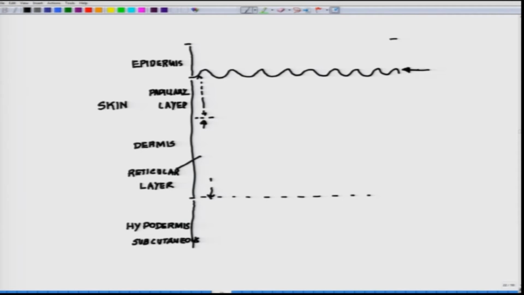Let us add up a bit of our knowledge. This is layer 1 from the bottom. I am going up like this: layer 2, layer 3, layer 4, and the uppermost, exposed layer is called layer 5. The way we will be studying it is from the lowermost layer, the layer which borders the dermis, where you have epidermal ridges.